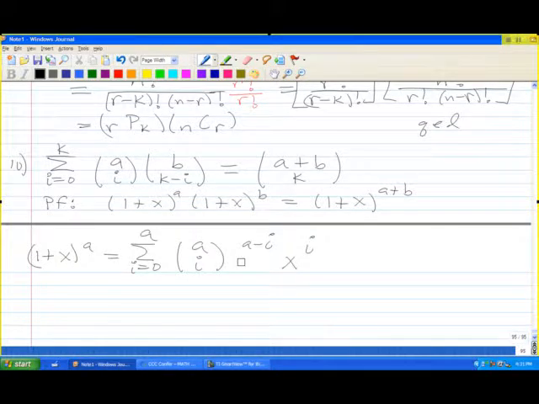So this is equal to the sum, i equaling 0 to a, of aCi x to the i.